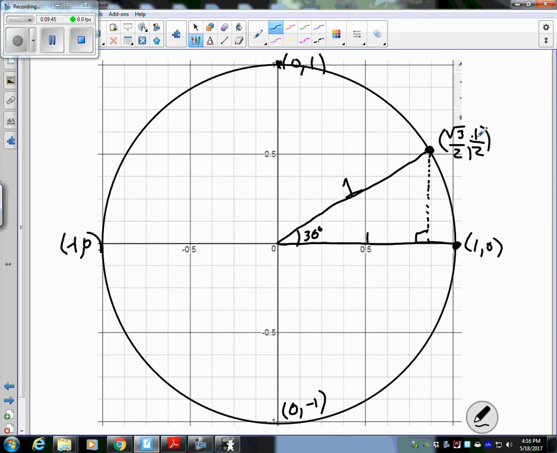Now it's like, well, what if we have a different angle? So now if we have an angle, say, that goes through here, that's not a very good line, but say it's a 45-degree angle. Now what? If we look back, we actually just did that. 45-degree triangle.